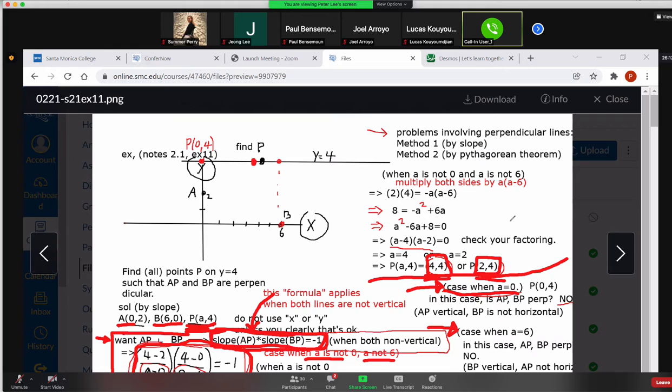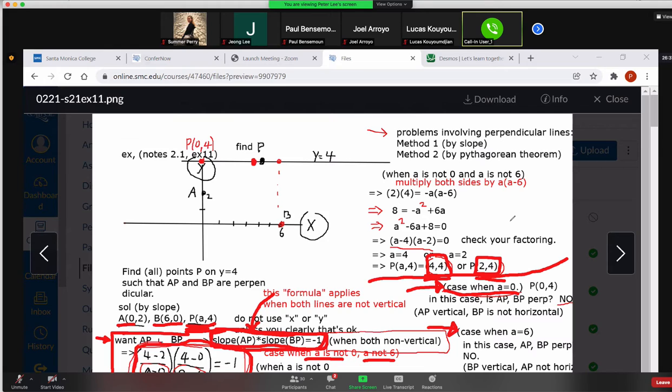Whenever you have a problem involving perpendicular lines, usually there are two methods. The first method is by slope. And the second method is by applying the Pythagorean theorem.